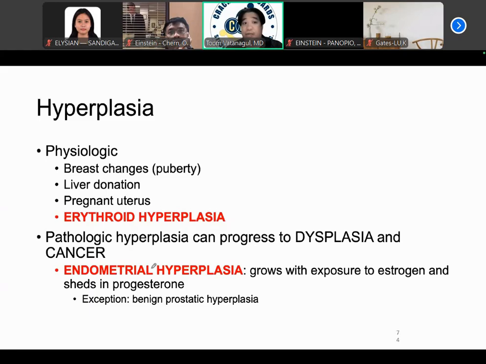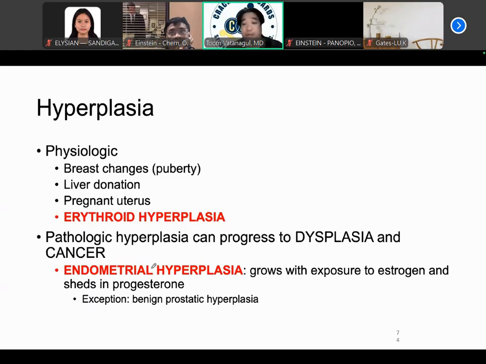So under physiologic hyperplasia, I want you to take note that this includes pubertal changes, such as the breast enlarging.